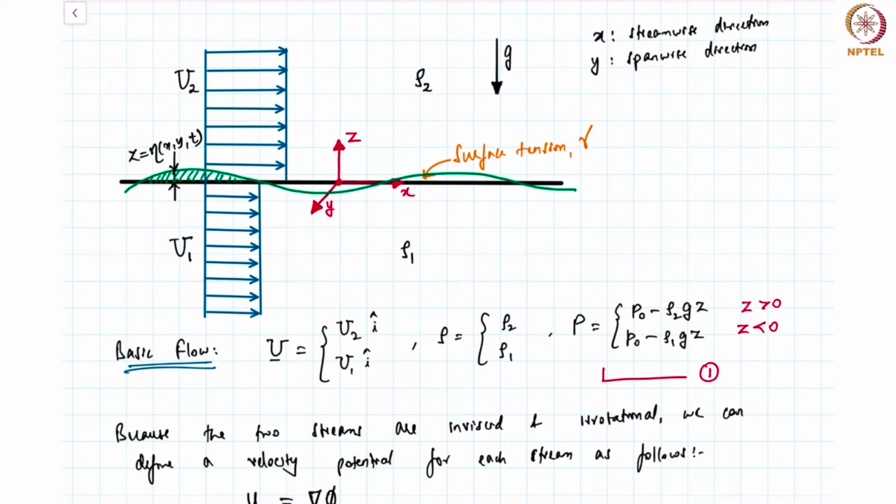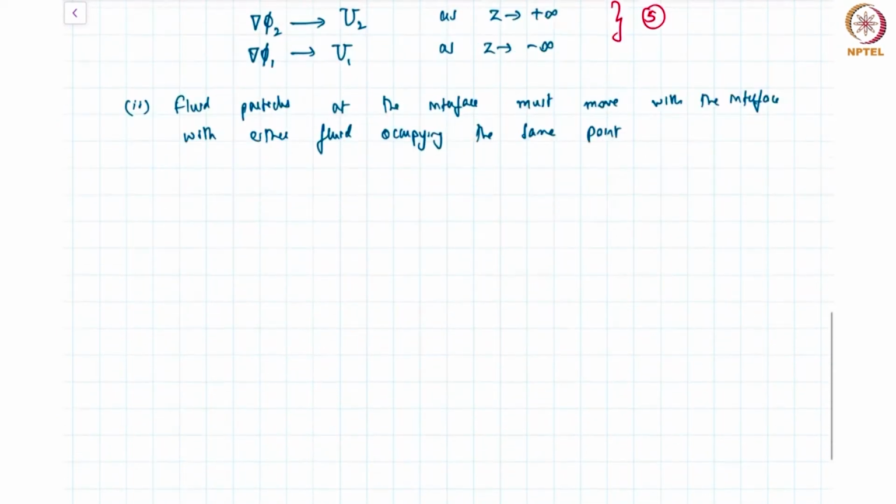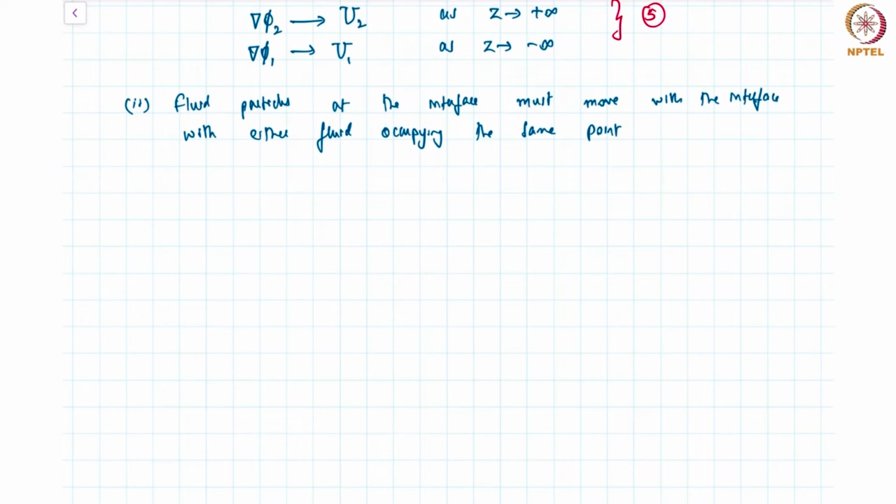So I'm making two different points. One is that the two fluids cannot occupy the same point in space, and the other is that no void or cavity is formed between the fluids.